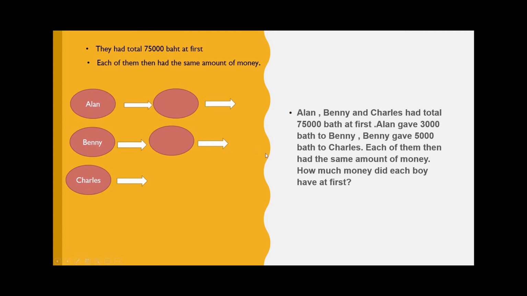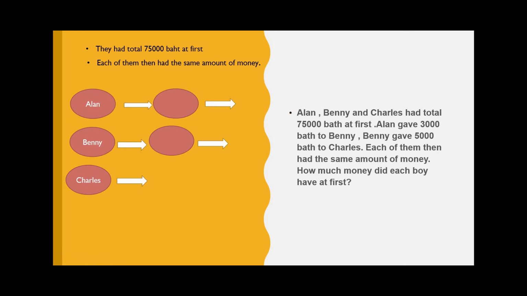We know that Alan, Benny, and Charles had total 75,000 baht altogether. Even after Alan gave 3,000 baht to Benny and Benny gave 5,000 baht to Charles, they still have 75,000 baht altogether because they didn't spend the money for anything. They just exchanged it between themselves.